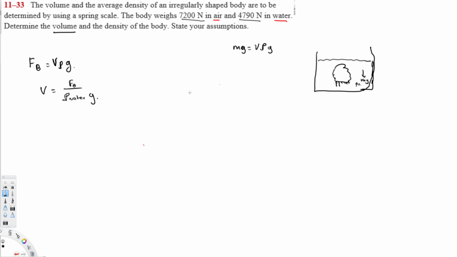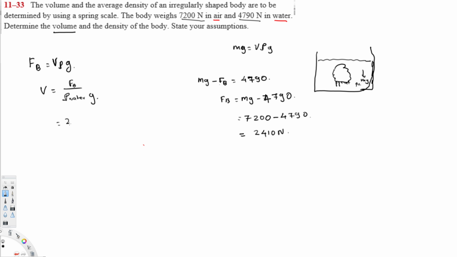So the measurement is showing mg minus Fb, which is equal to the weight that we measured in the water, 4790. Therefore Fb is going to be equal to mg minus 4790. The actual weight we already know, that is 7200. So all we have to do is simply deduct 7200 minus 4790, and that gives us 2410 Newton.